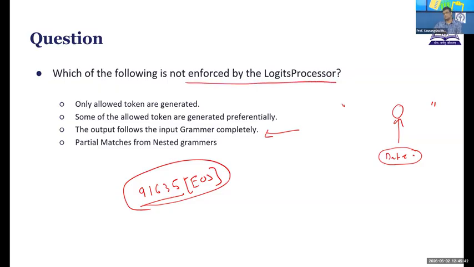So the logits processor itself does not enforce a grammar completion. Let me put it that way. The logits processor is only modifying the token probabilities at the per decoding step. But I get what you're saying.